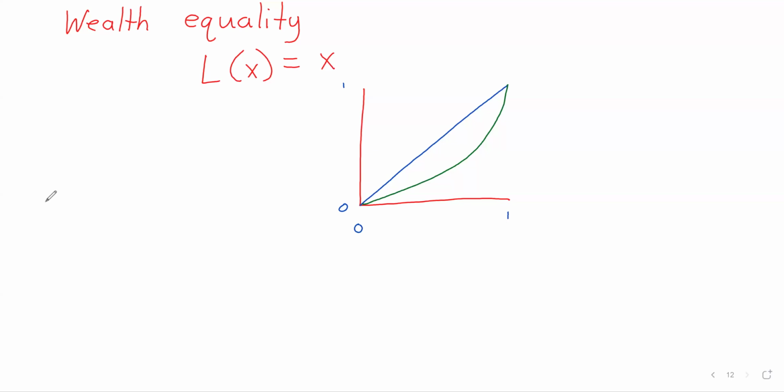It doesn't make sense that the richest 50% could control less than the richest 40%, or the poorest, I mean. And it has to start at 0. The poorest 0% control no wealth, and it has to go up to 1. The poorest 100% of the citizens control all the wealth.